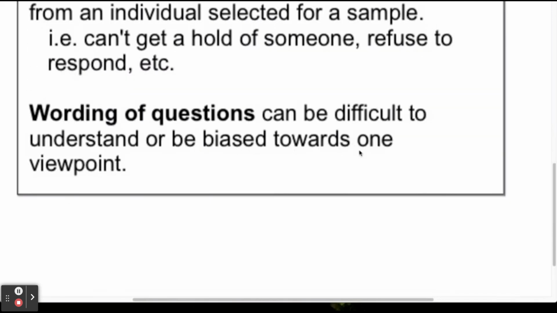And then the wording of questions. If it can be difficult to understand or biased towards one viewpoint, again, back in Chapter 3, that was one thing that we practiced, writing questions of interest that were not biased. So that can be another example of a non-sampling error.